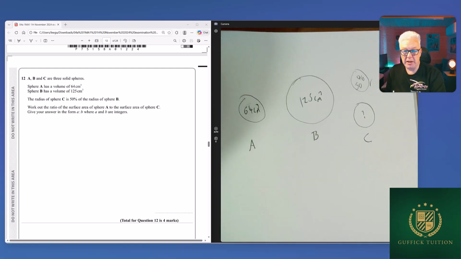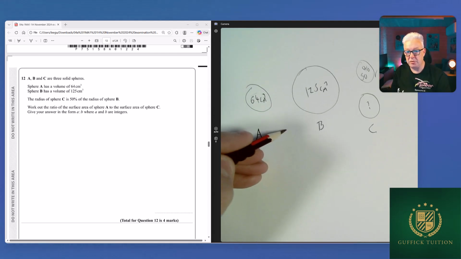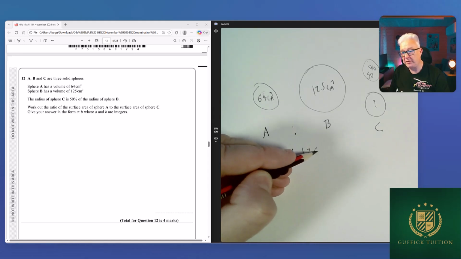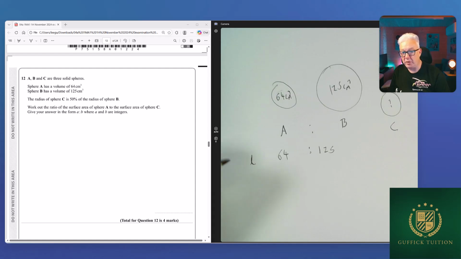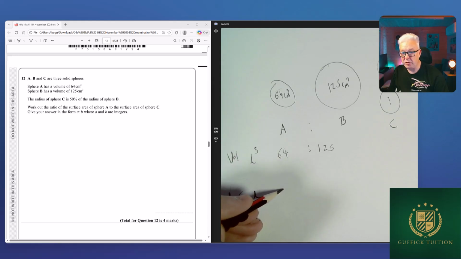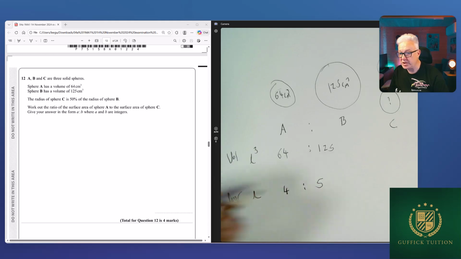Right, so first of all, let's find the linear, area and volume scale factors for going from A to B. The volume scale factor is 64 to 125. Now remember that the volume scale factor is the linear scale factor cubed. So to find the linear scale factor, we need to cube root 64, which gives us 4, and cube root 125, which gives us 5.